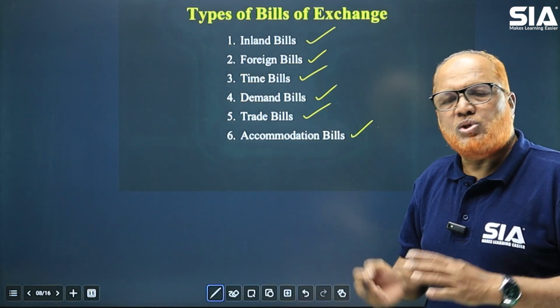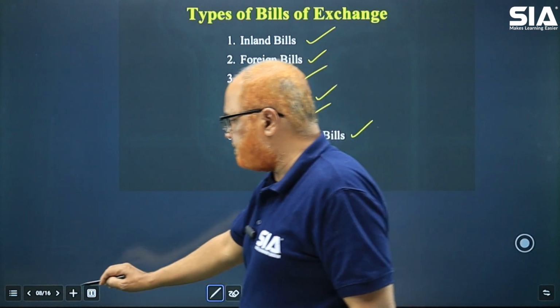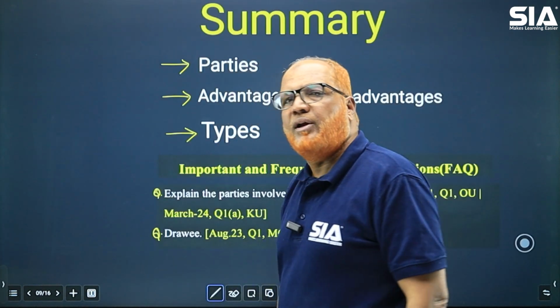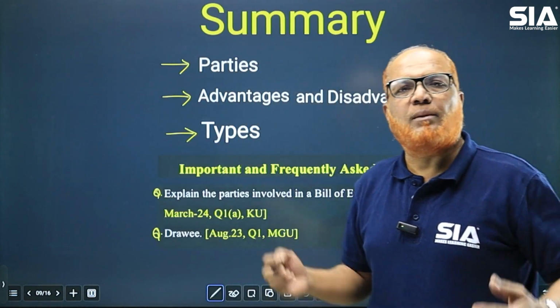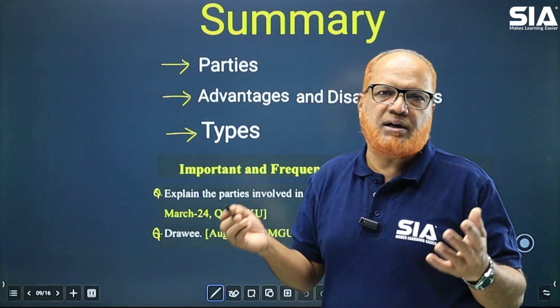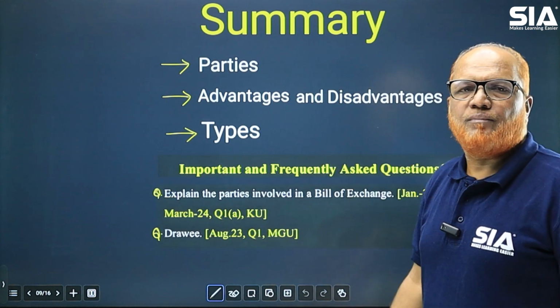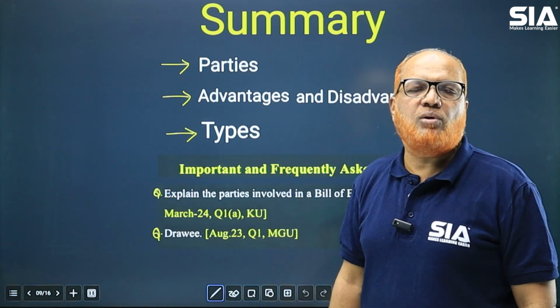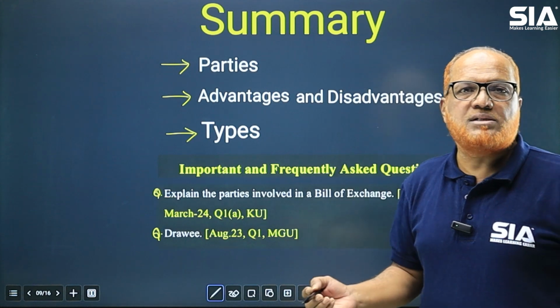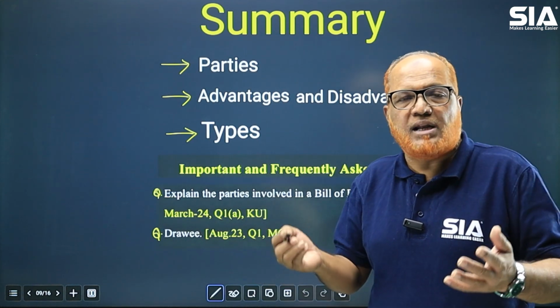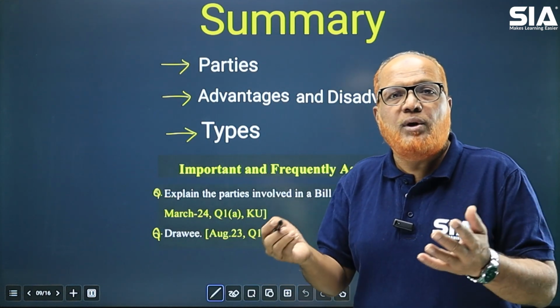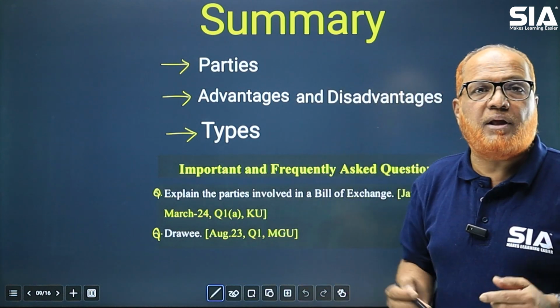That's all. So what I have explained in this video, first of all, I explained you who are the parties, very important. Second, advantages and disadvantages, and thirdly, types of bills. In examination, very frequently they will ask a theory question regarding who is a drawer, who is a drawee, who is an endorser, who is an endorsee, who is the holder in due course, notary public.